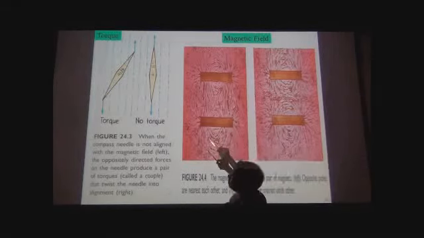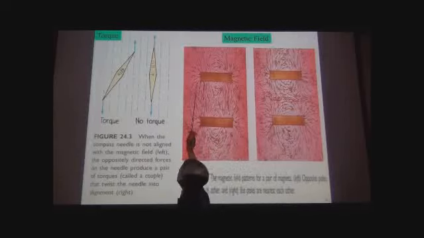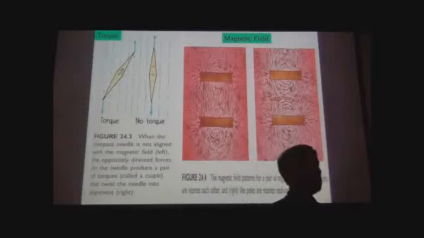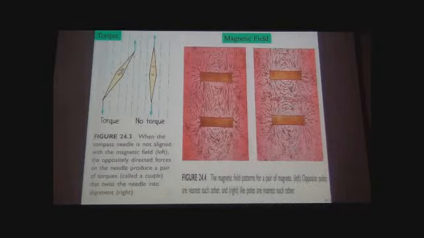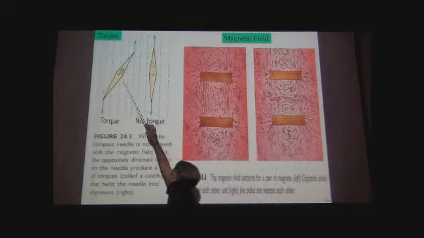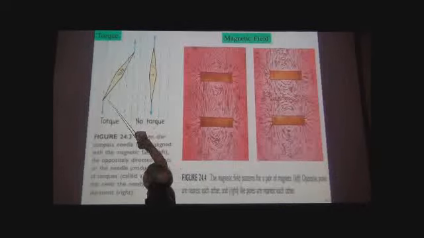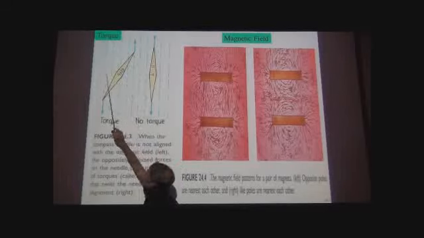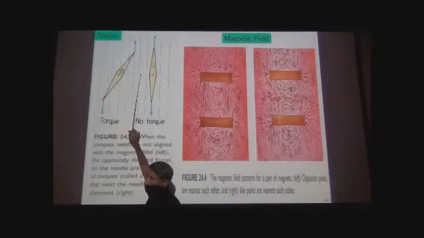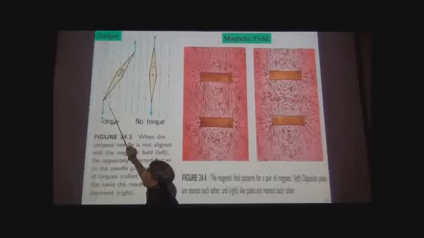Now, remember that I said that if you were a north pole and if I were to bring a north pole next to you, you push it away, right? So same thing happens here. If you were to take a compass needle that has a north pole and a south pole and place it in a magnetic field, these are magnetic field lines, what happens is this north pole will interact with the magnetic field lines and experience a force pulling it in this direction.